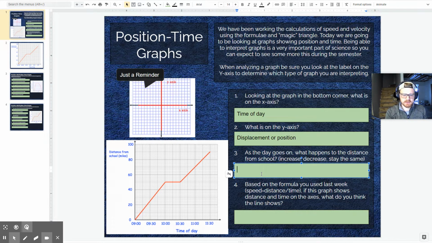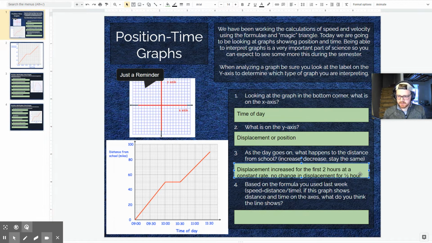Well, we could say displacement increased for the first 2 hours at a constant rate. No change in displacement for an hour and a half.